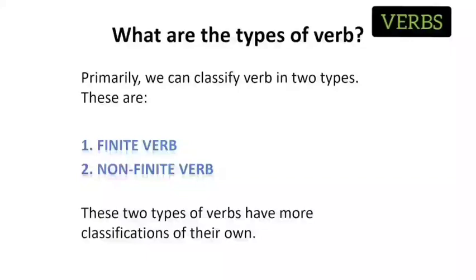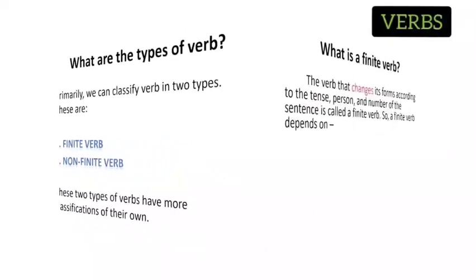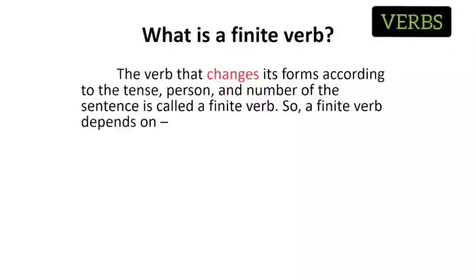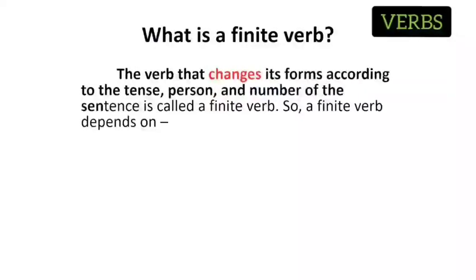Now if we look at the term finite, the formal definition says the verb that changes its form according to the tense, person, and number of the sentence is called a finite verb. So what does a finite verb depend on?